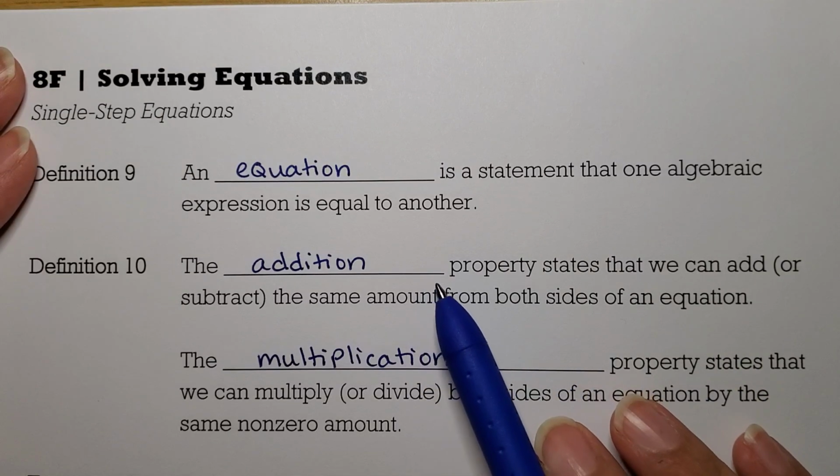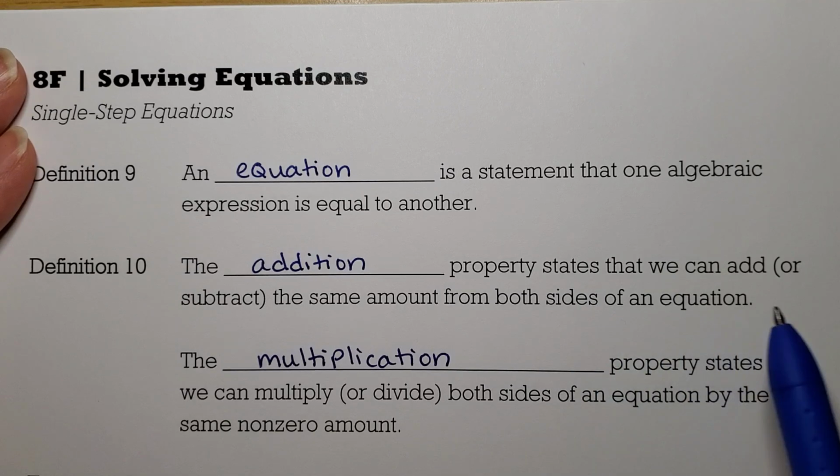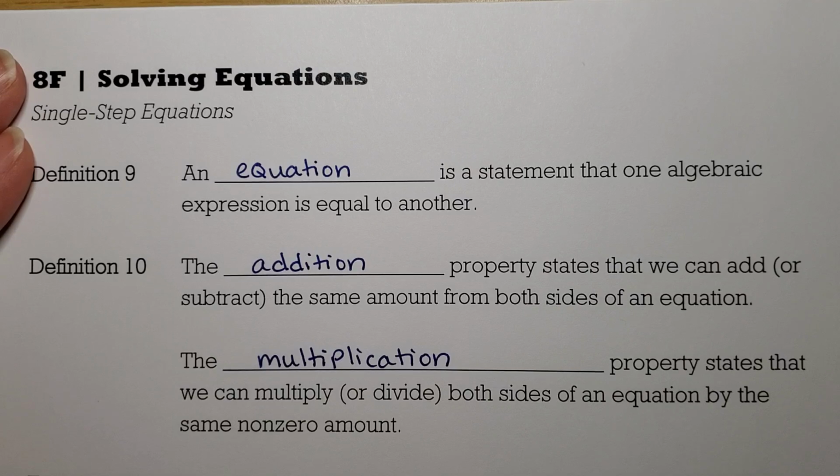That's what the addition property is saying, that if you add the same thing to both sides, or if you take the same amount away from both sides, you're still equal, right? You're still maintaining the balance. And similarly, if you double the amount on each side, or you cut the amount on each side in half, the multiplication property says that you're still maintaining that balance.